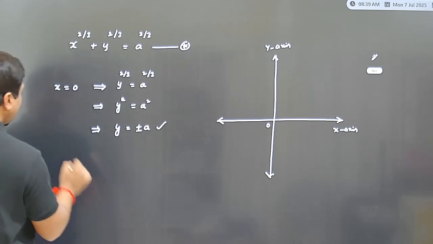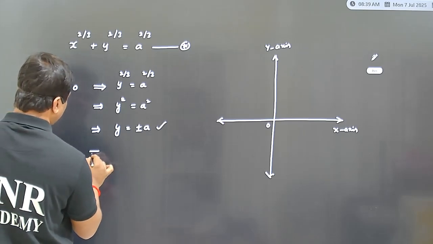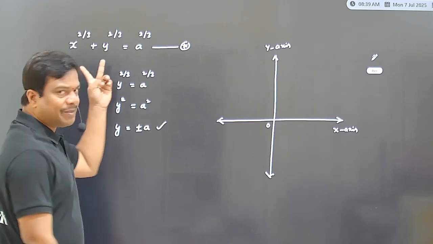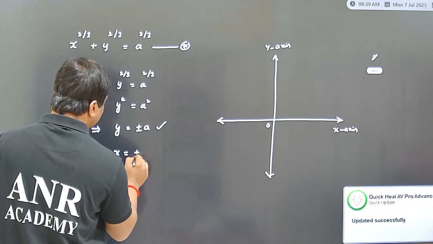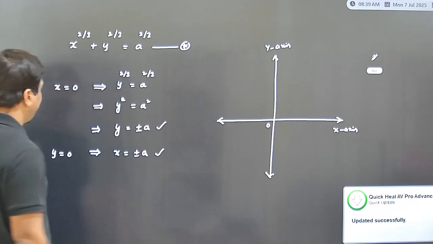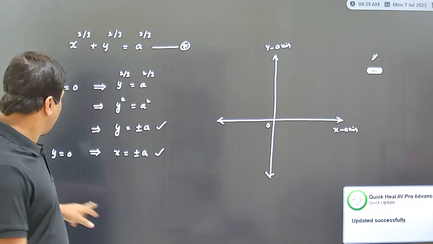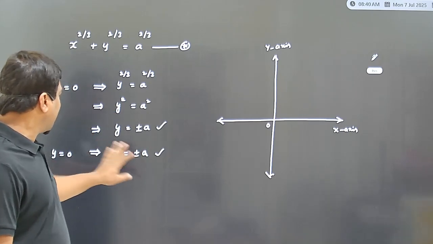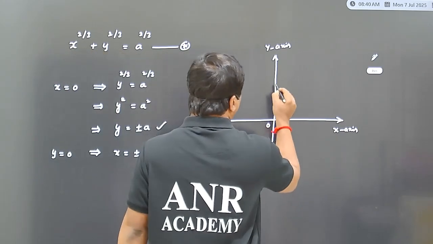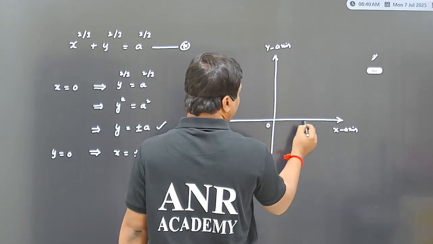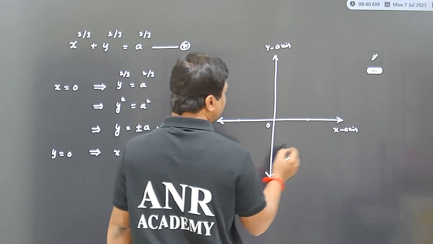Next, if you write the value of y equal to 0, due to symmetry in x, y, I can directly write the value of x as plus or minus a. So 0 comma a, 0 comma minus a, a comma 0, minus a comma 0 are the points you have to mention here. This is a comma 0 and this one minus a comma 0.